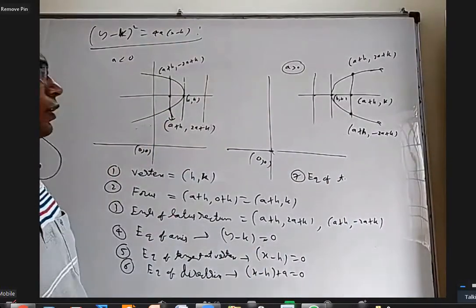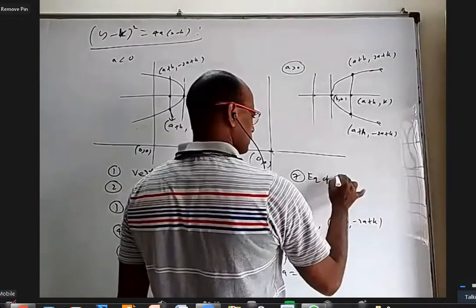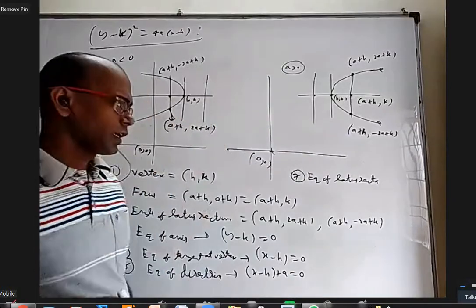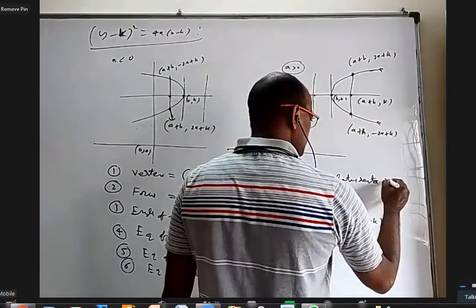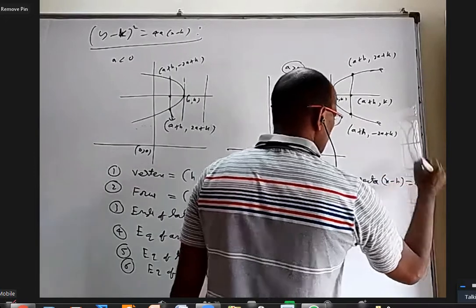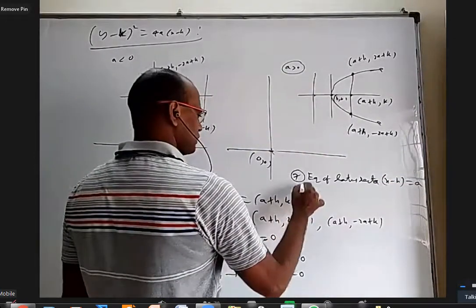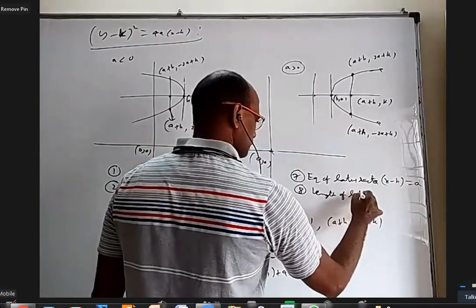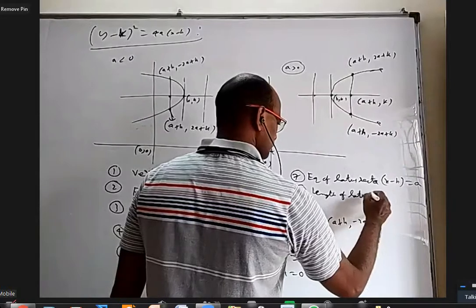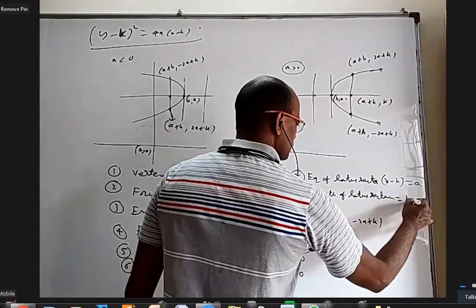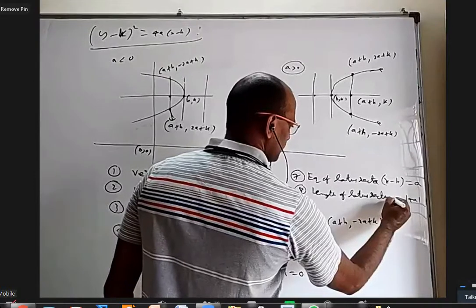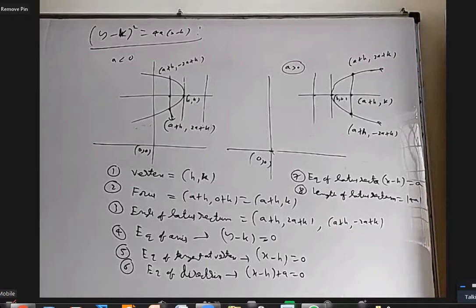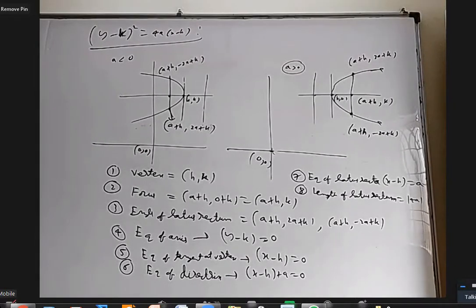Equation of latus rectum. Earlier x equal to a. Now replace x with x minus h. So x minus h is equal to a. And lastly, length of latus rectum equal to mod 4a. We kept mod because sometimes a may be negative.